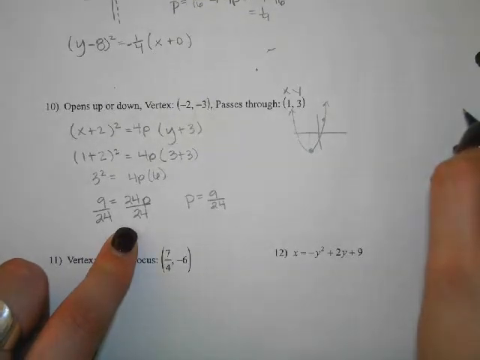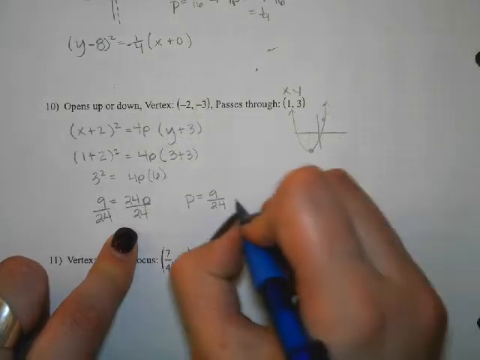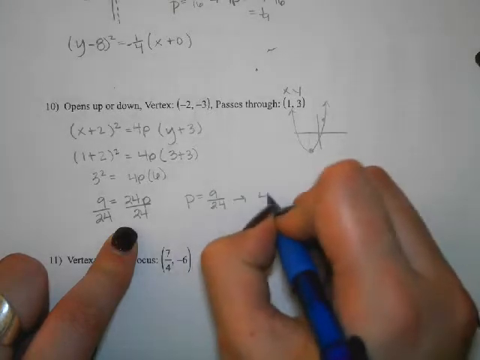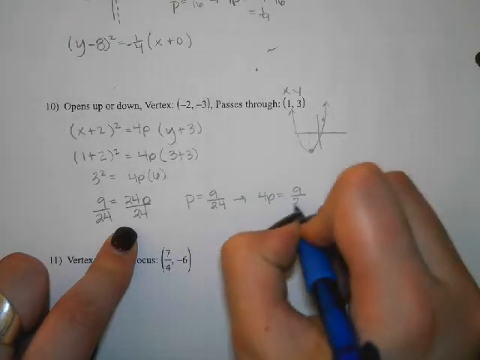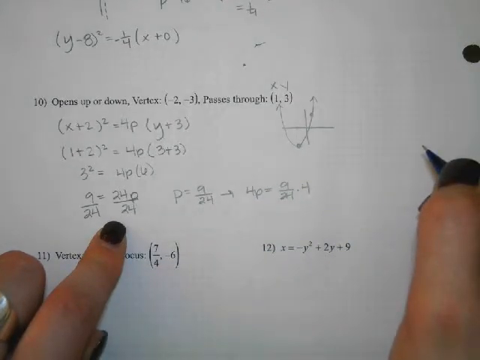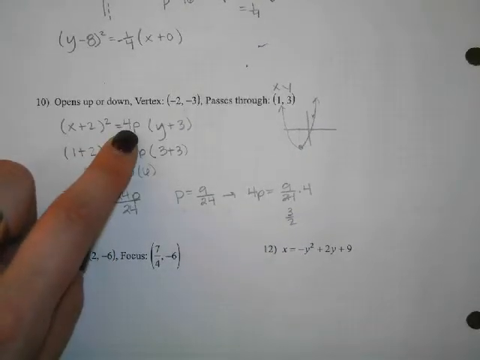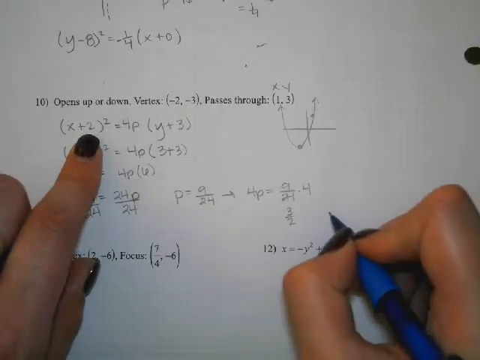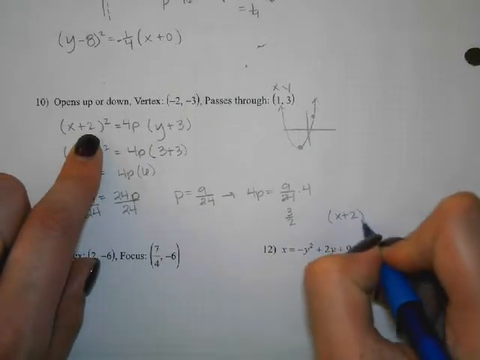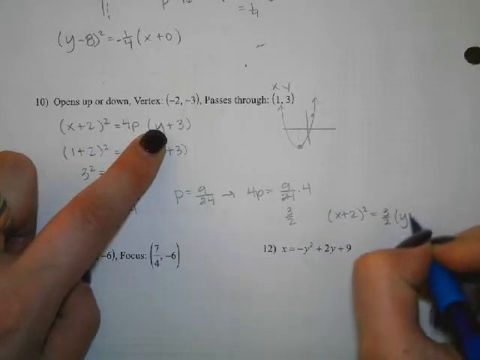What do we actually want? 4p. So p equals 9/24. 4p equals 9/24 times 4. Three halves? All right, so I'm going to go right back up here and write this down. I have x plus 2 squared equals 3 halves times y plus 3.